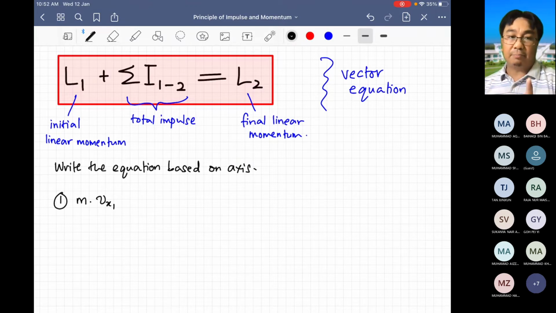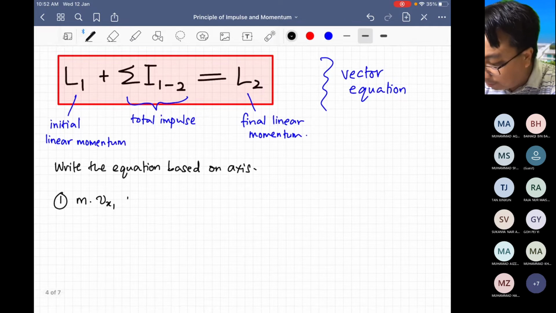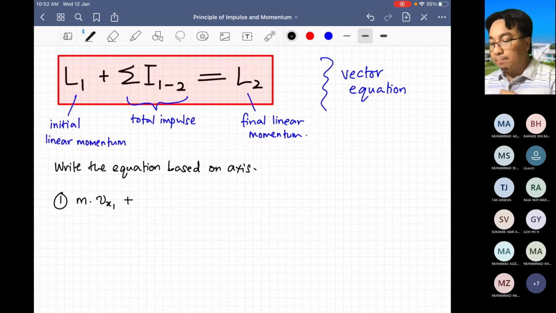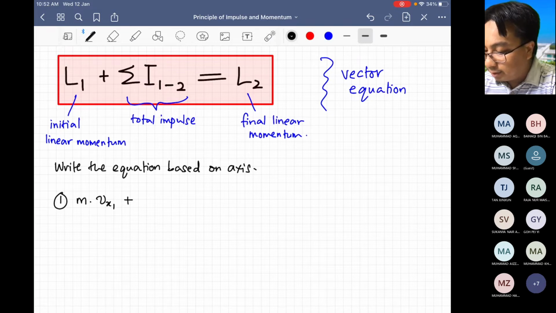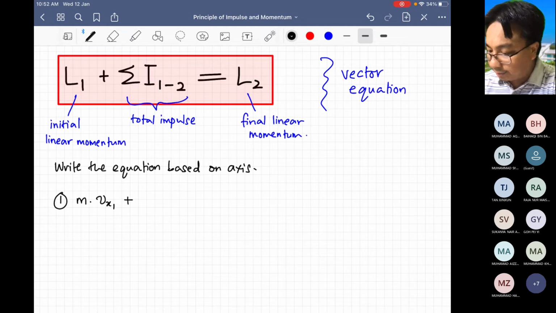So velocity yang pertama. Okay, initial linear momentum ni m kali v1. So since kita tulis dalam x-axis is m times vx1 tambah total impulse. Total impulse is ix lah, ix. Okay, kita boleh tulis ix.